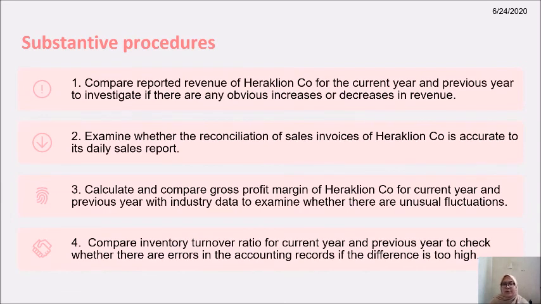Next, examine whether the reconciliation of sales invoices of Heraklion is accurate to its daily sales report. Third one, calculate and compare the gross profit margin of Heraklion for the current year and previous year with industry data to examine whether there are unusual fluctuations.